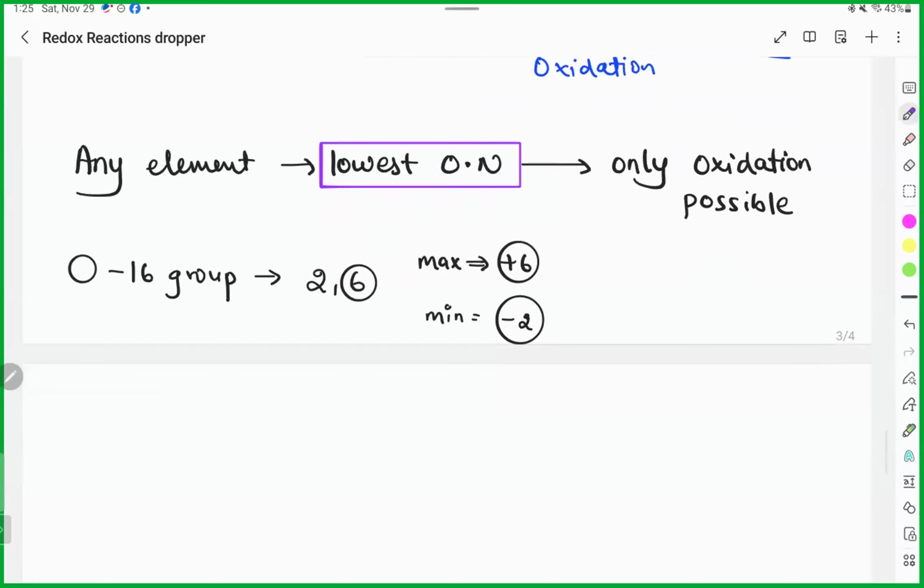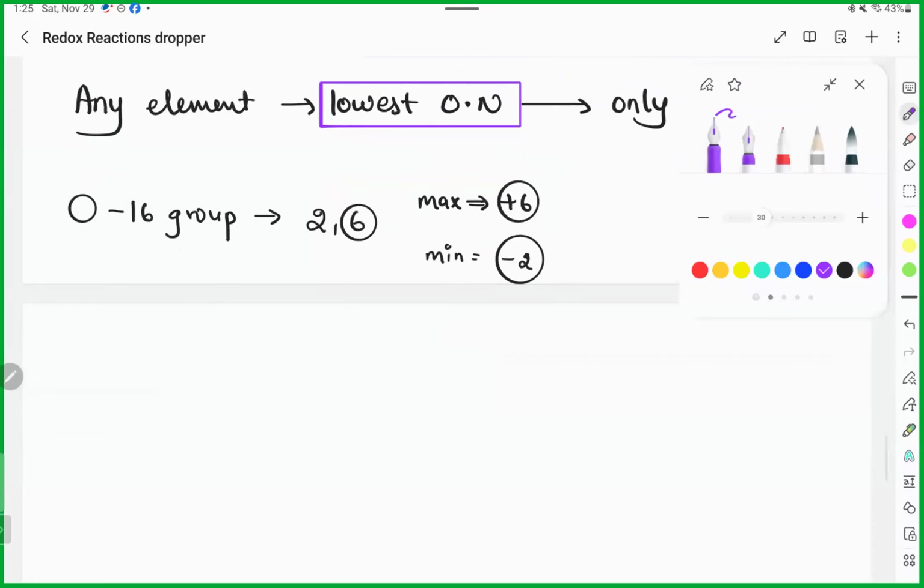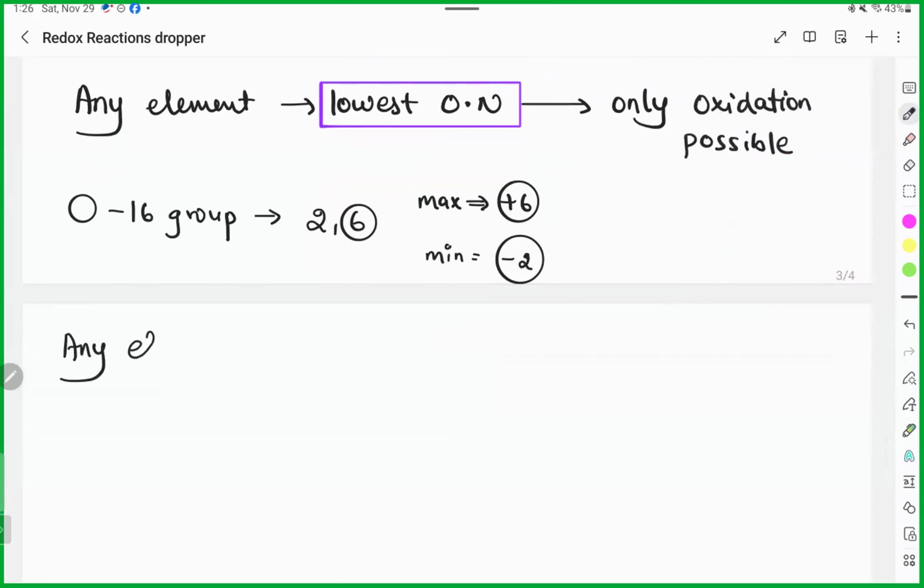Understood? If any element has the maximum oxidation number, then only decrease is possible. Correct? So decrease means only reduction.